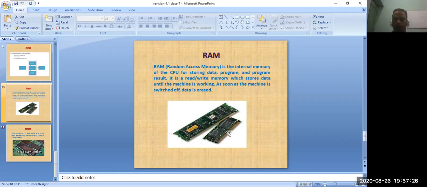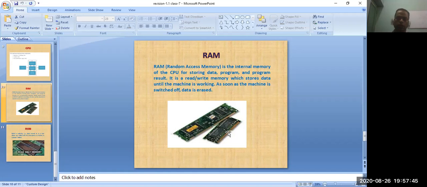So this is volatile memory. Once the power is gone, you will not be able to recover your data.